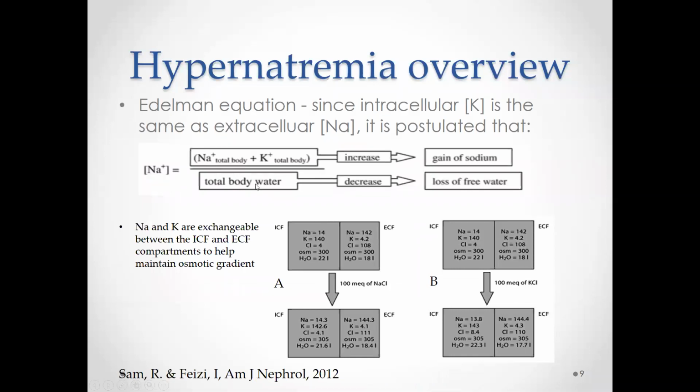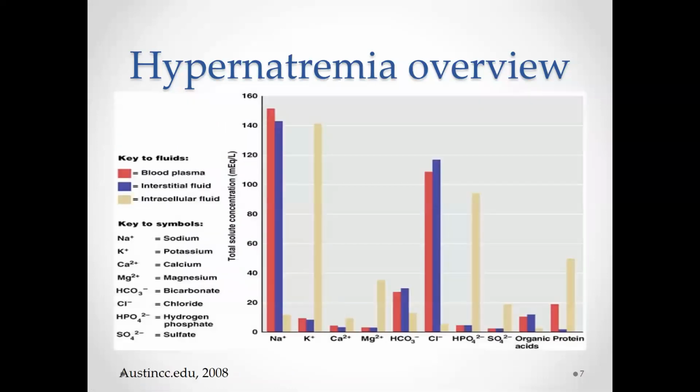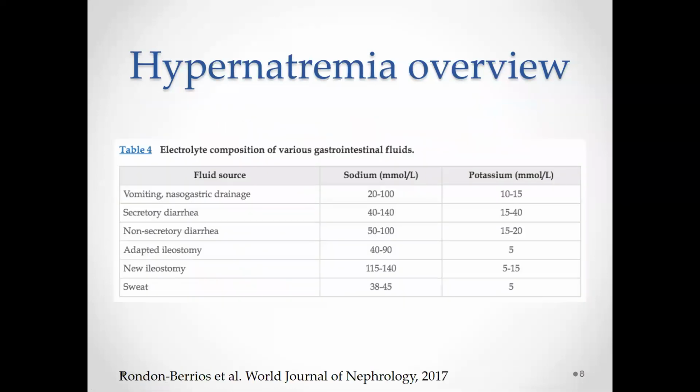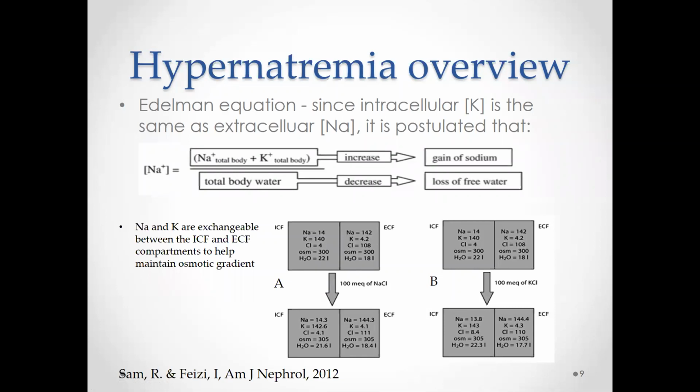And Dr. Edelman in the 1950s came up with the equation where he said, since the intracellular potassium is nearly the same as extracellular sodium, as we saw two slides earlier, it is postulated that the total sodium and the total potassium over the total body water will give us an estimate of the serum sodium.